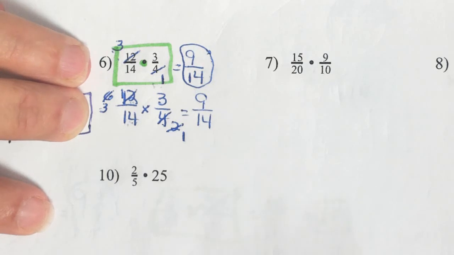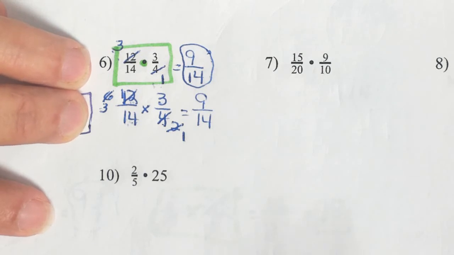Which number? 3 times 3 is 9. 9 divided by 2 is 4.5. 9 doesn't divide by 2 evenly. 9 is an odd number. Okay?